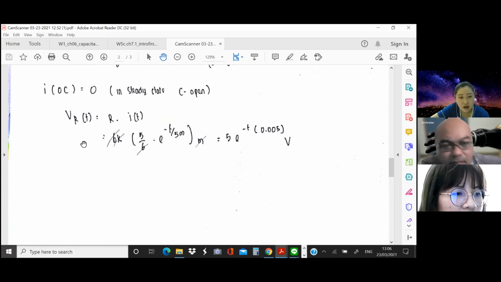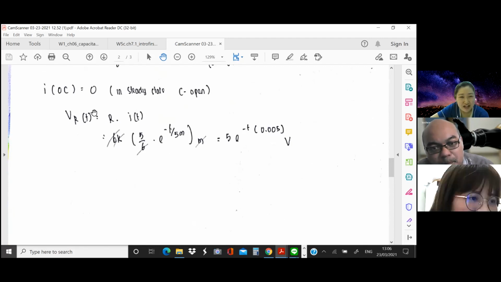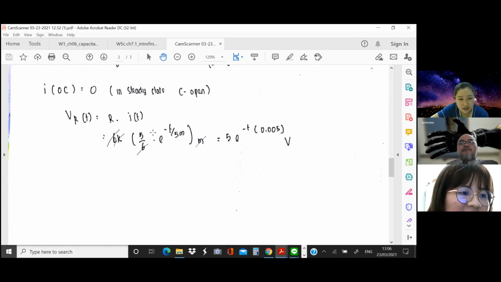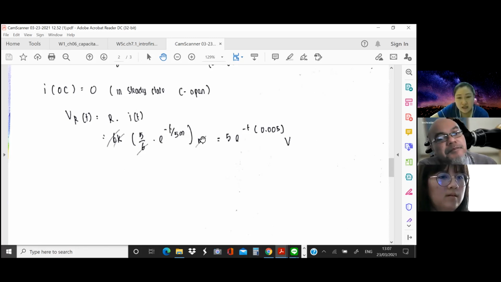So V is equal to R times I: R is 6K ohm times 5/6 e to the power of minus t over 5 milli, in this case milliampere.